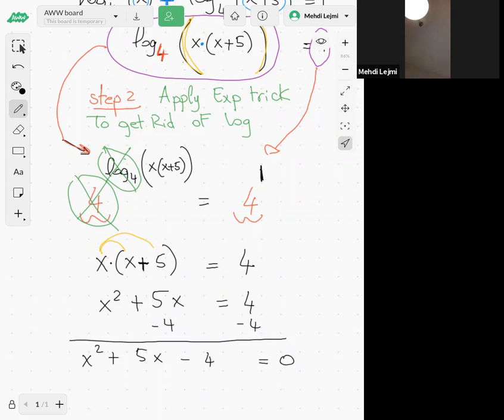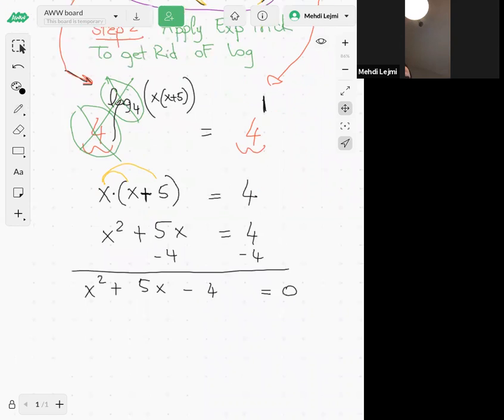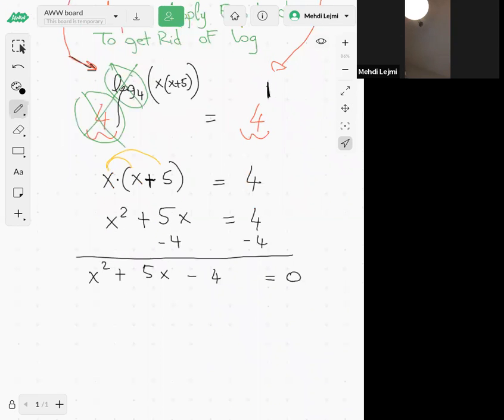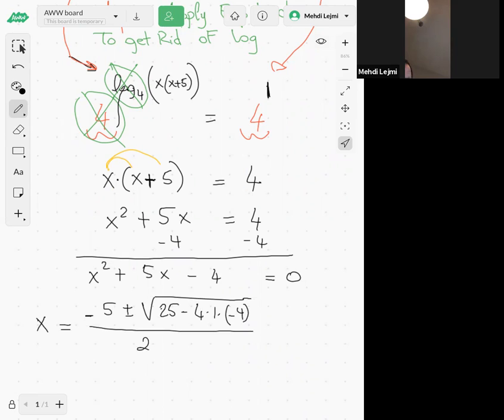That's great because I know how to solve this. We can use the quadratic formula. So x would be minus b, so minus 5, plus or minus the square root of b squared, that's 5 squared, 25, minus 4 times a, which is 1, times c, which is negative 4, over 2a, so 2 times 1.